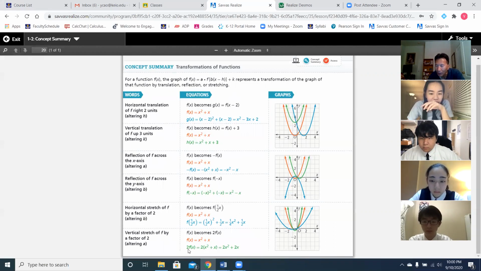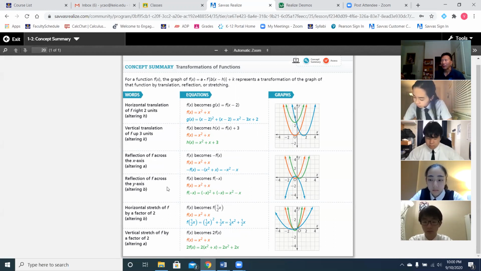If the number is outside, what happens? You stretch it vertically by a factor of 2. That's all we cover today. Later on, you can look at the rule summary in your textbook to remember them. It will help you identify which transformation you need.